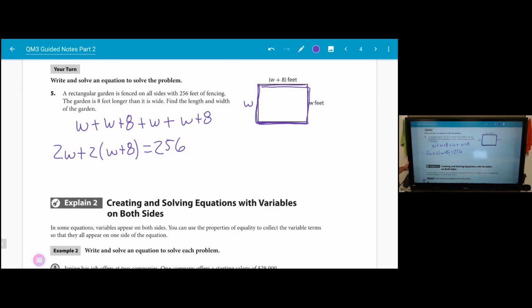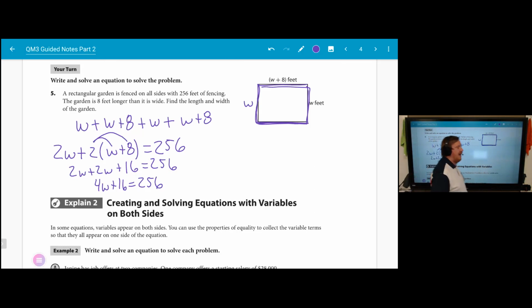So what should I do here? I need to distribute. Very good. Distribute through here. 2W plus, well, 2 times W is another 2W, plus 2 times 8 is 16, equals 256. What should I do here? I think it makes a lot of sense to collect like terms. 2W plus 2W is 4W plus 16 equals 256.